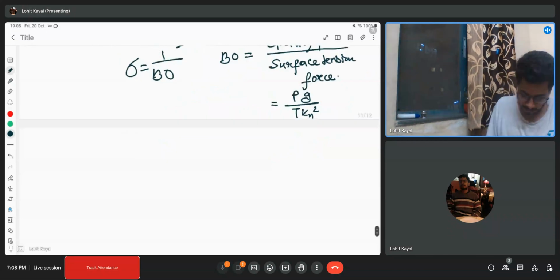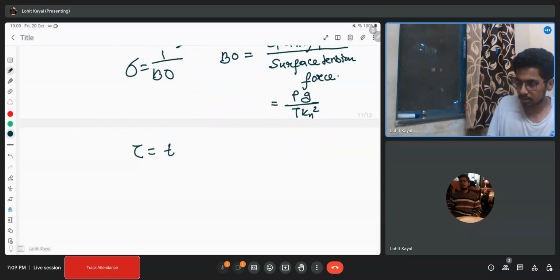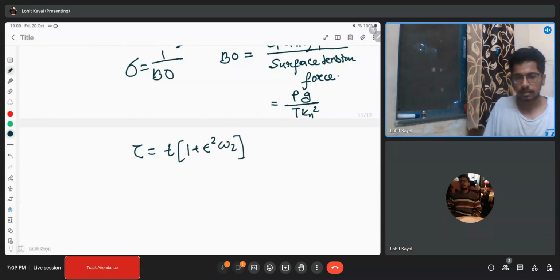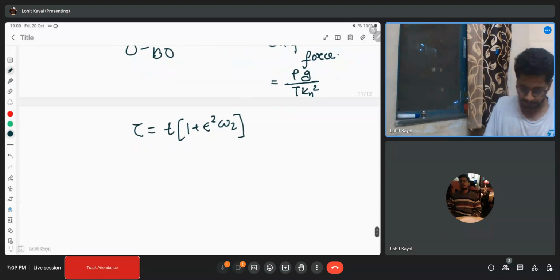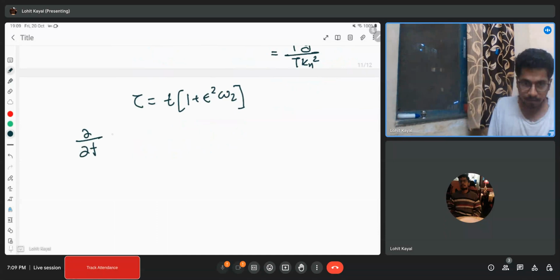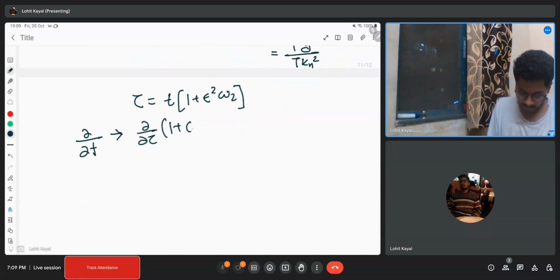So we will use the Lindstedt-Poincare perturbation technique, and this is the extension in the time, that is 1 plus epsilon squared omega 2. This is the extension that we will use. Okay, that means your del t will be now del tau of 1 plus epsilon squared omega 2.